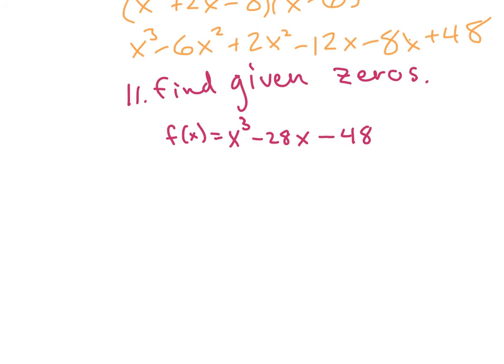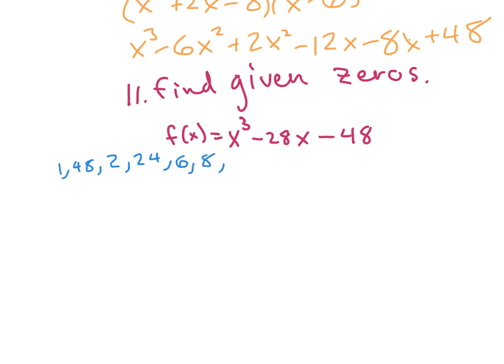So what are 2 factors of 48? 1 and 48. What else? 2 and 24. What else? 6 and 8.